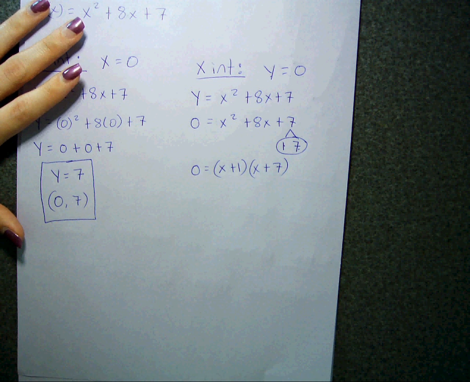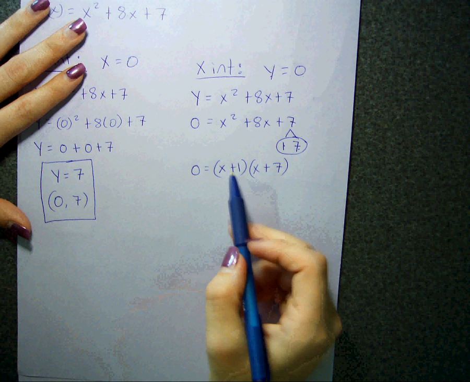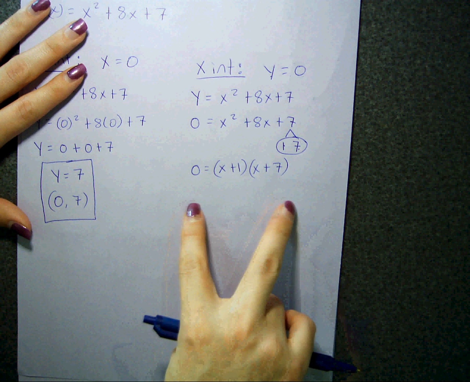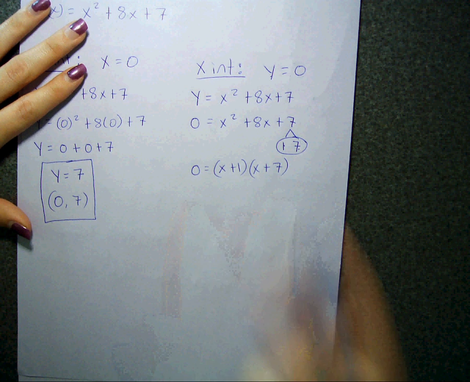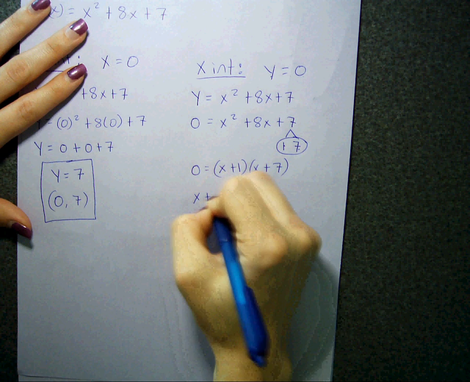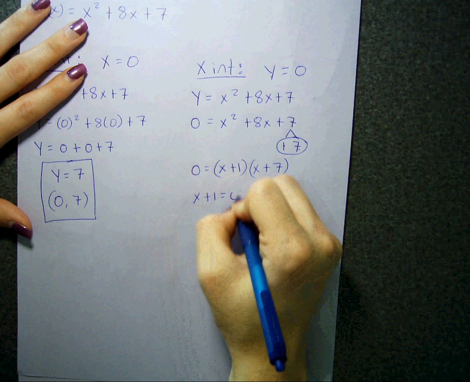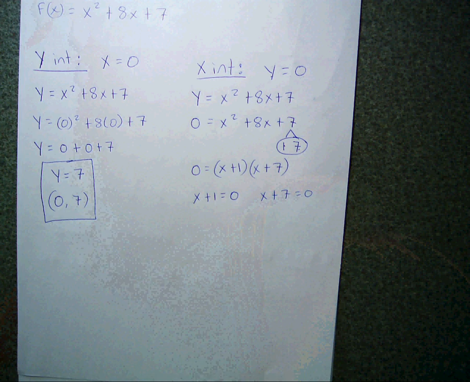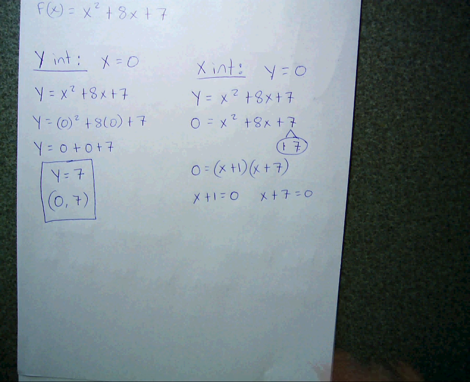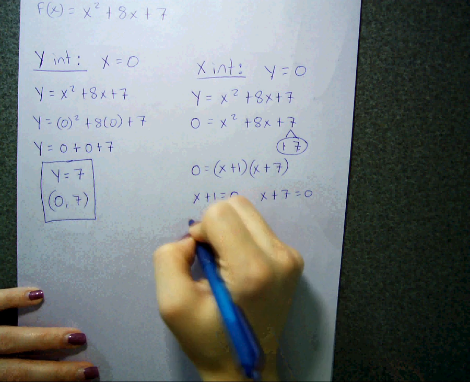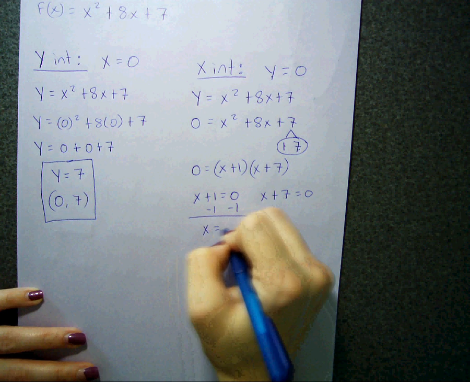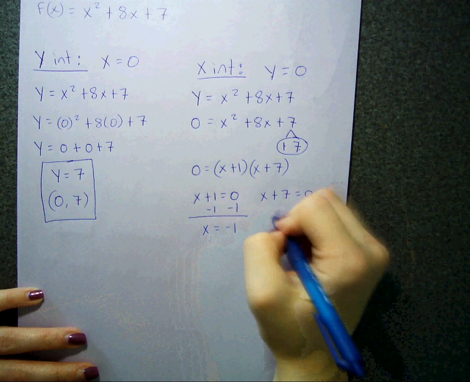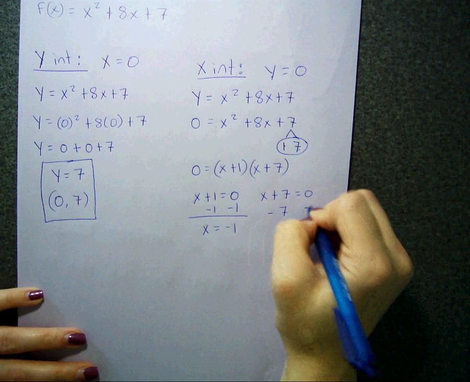Now, since I have it factored, I can break it apart into my 2 separate equations. So I have x plus 1 equals 0, and x plus 7 equals 0. To solve, I'll subtract 1 from both sides. So I get x equals negative 1, and subtract 7 from both sides.